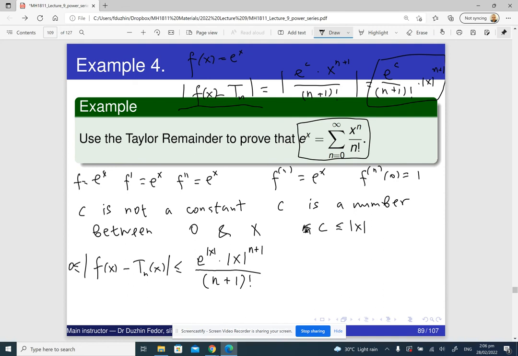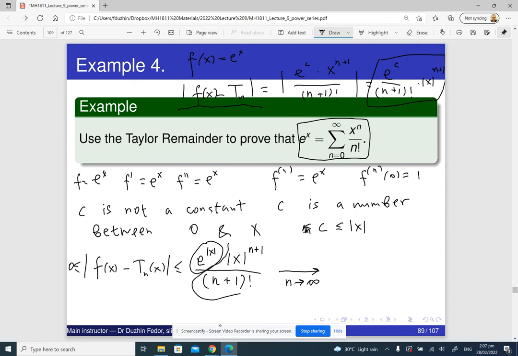All right. Basically, because of the same logic as the sine x example, here we have some factor in front of it, which is e to the absolute value of x. But now we need to take the limit as n goes to infinity. e to the absolute value of x is just a constant, so it's not changing, right?